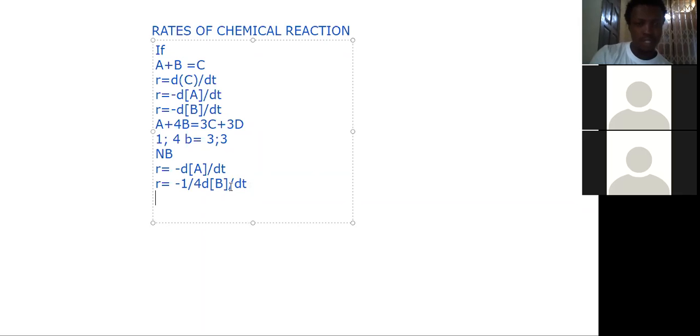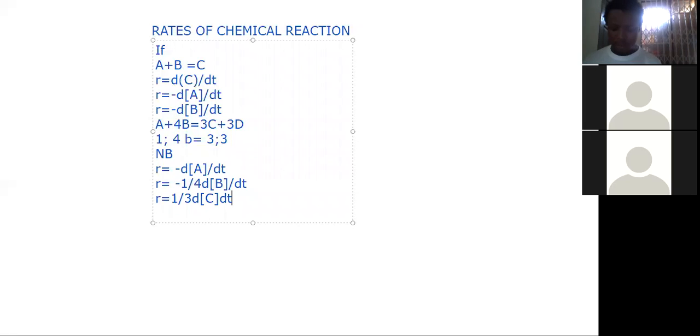When we are doing this for C, we are also going to get R is equal to 1 all over 3, d[C]/dt. So that is it.